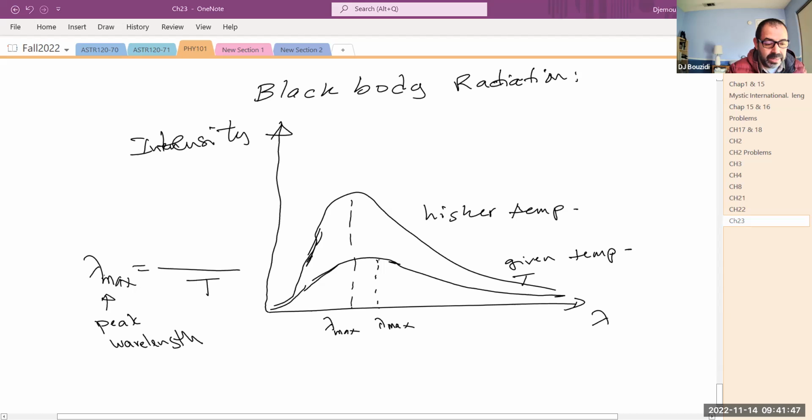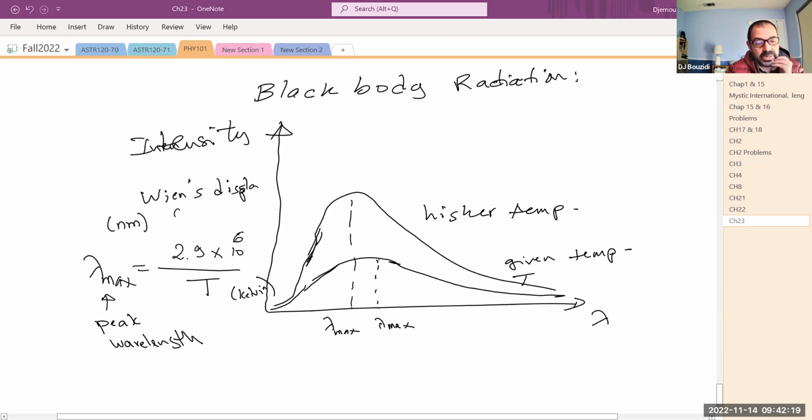As the temperature gets higher, the wavelength shifts towards smaller values and vice versa. The constant here was a well-known constant, 2.9 times 10 to the positive 6, where the wavelength is measured in nanometers. Remember, a nanometer is 10 to the negative 9 meters, and the temperature is measured in Kelvin. That is what is known as Wien's displacement law.